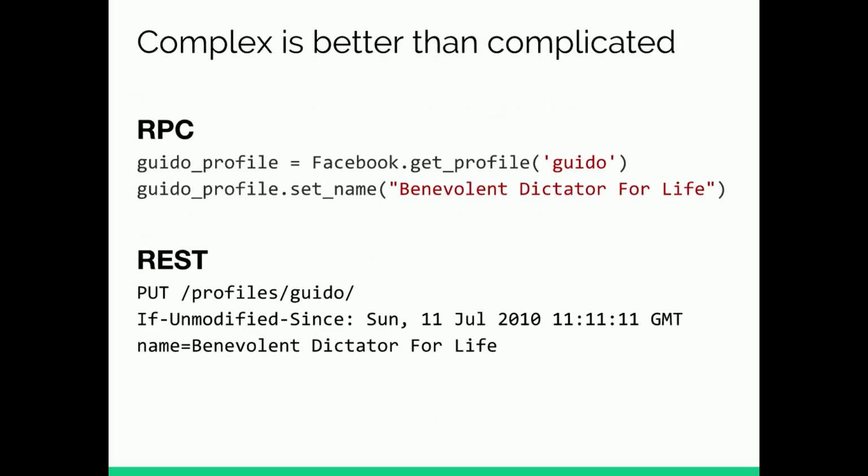A practical example of that is RPC versus REST. If you have an RPC-like interface where you do something like Facebook get profile from Guido and then set his name, these two lines here have a bug. Because if someone else tries to set the name for Guido concurrently with you, you override his changes.